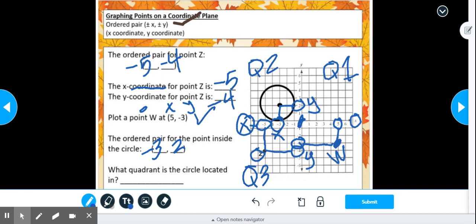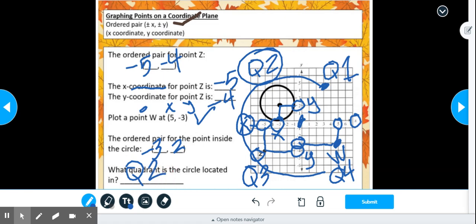And remember, the quadrants go in a C shape around, starting in quadrant 1, and then going around to quadrant 4. What quadrant is the circle located in? So the circle is located in quadrant 2.